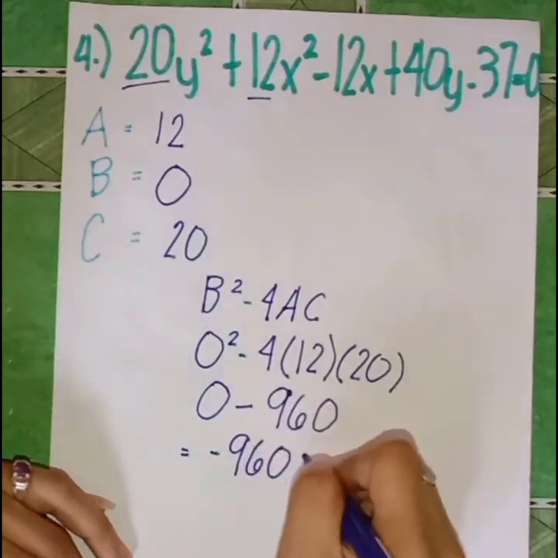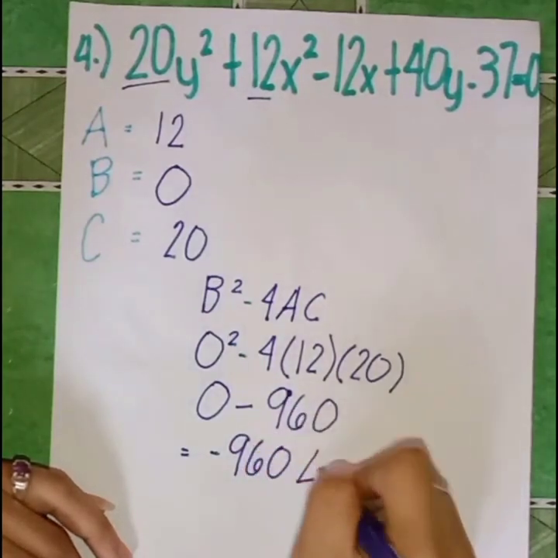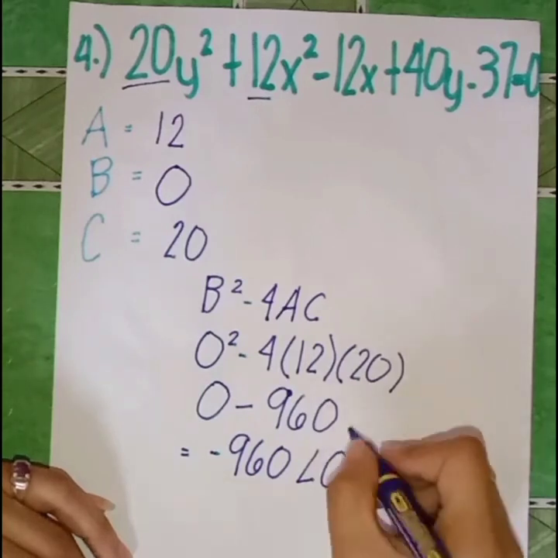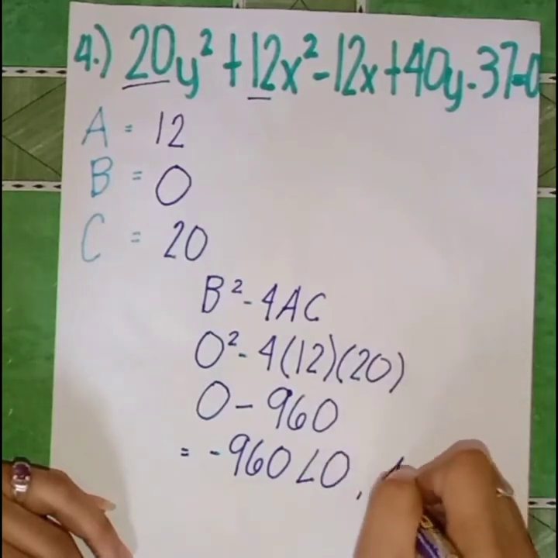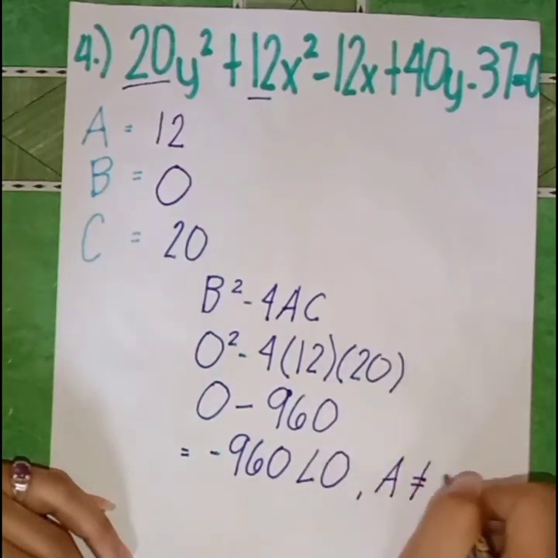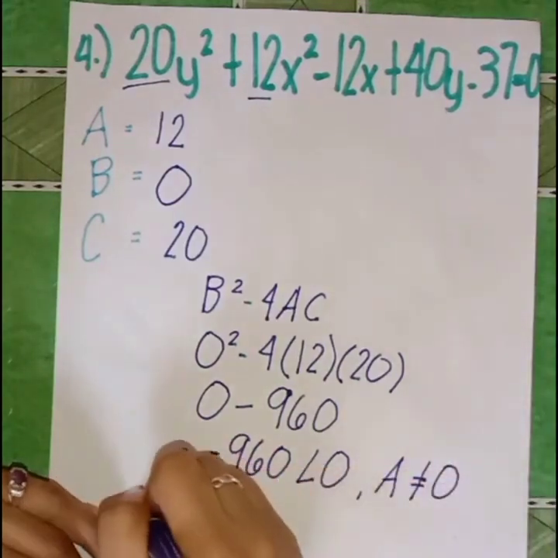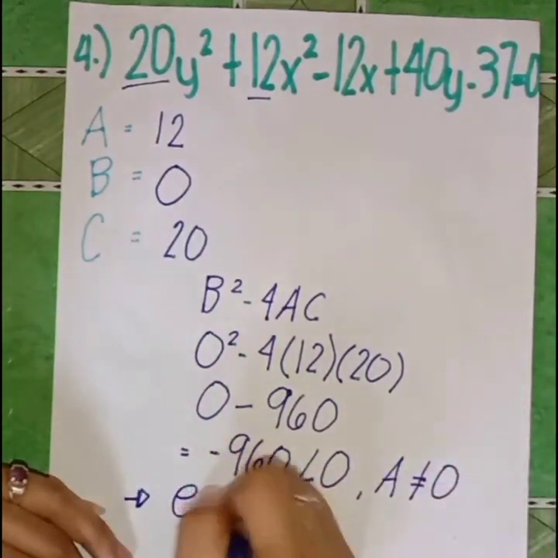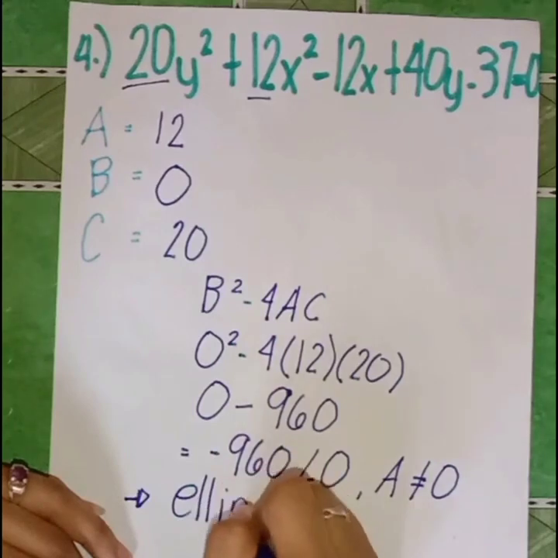So, our discriminant is less than 0, and A is not equal to C. So, it is an ellipse.